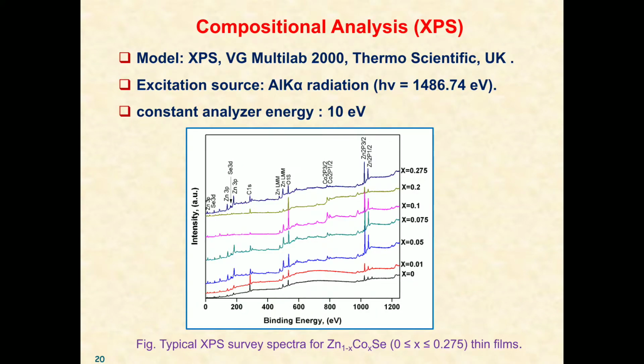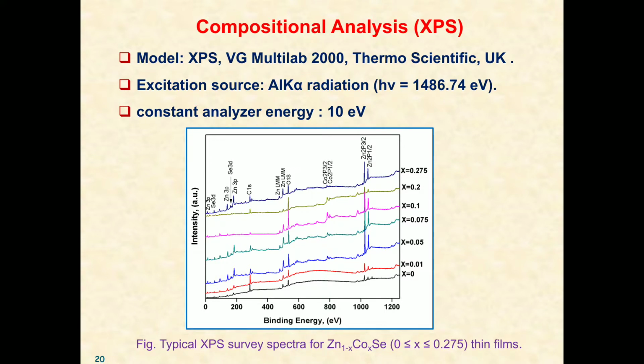We have also used XPS for the composition analysis. We have studied the chemical state of Zn, Co and Se by deconvoluting the surface spectra on separate elements using the model XPS Fiji MATLAB 2000, Thermo Scientific UK.